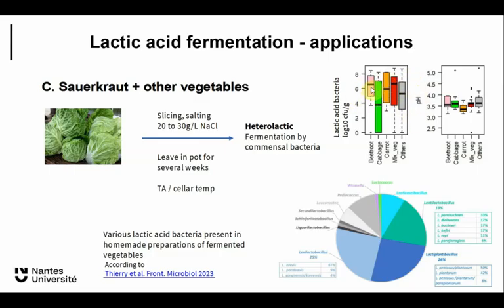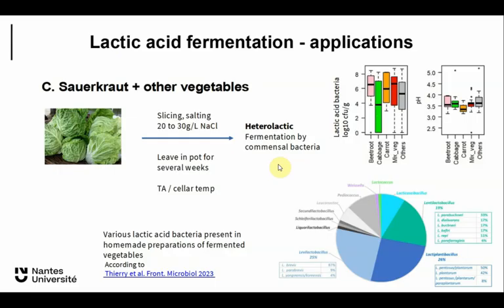So about a million per ml most of the time. And of course, these bacteria, they're still alive, right? So when you eat your homemade choucroute or whatever conserved carrots, then you're getting a lot of lactic acid bacteria. So here, there's no specific bacteria that are added at the start of the process.